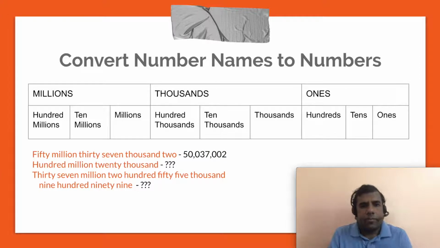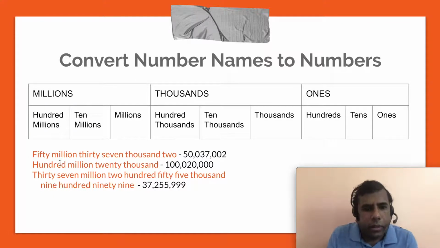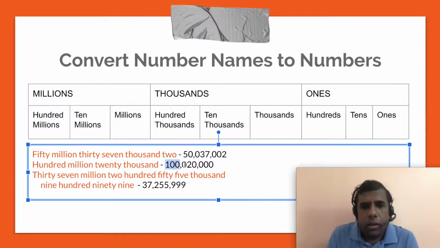Another example. One hundred million twenty thousand, and 37,255,999. Let's look at both of these. Let's start with the first one. The millions period will be 100. So there will be 100, then thousands is 20,000.